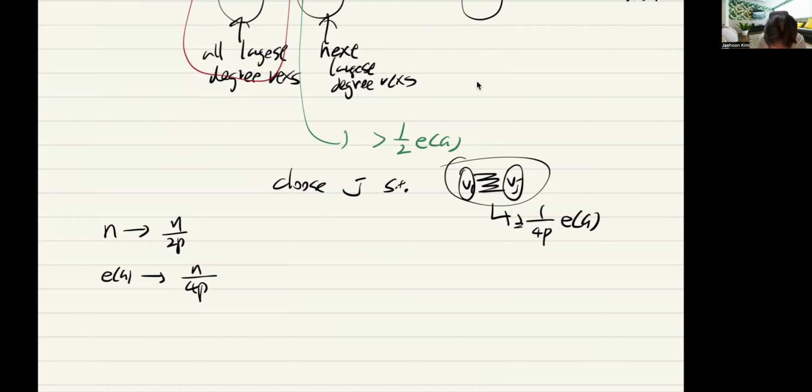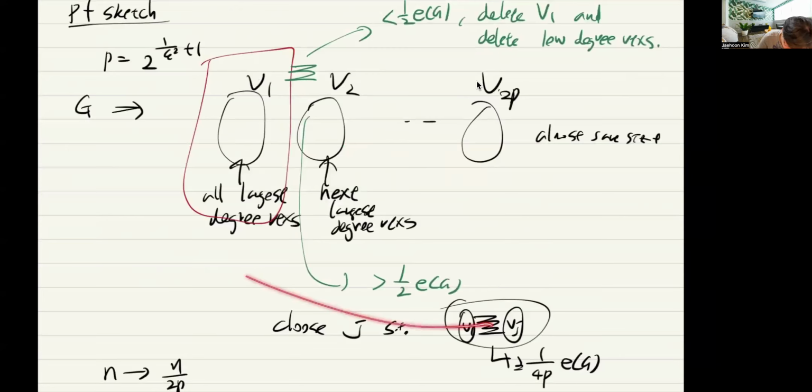Okay, and then with this new graph, you start from the beginning. Again, in this graph, you divide it into 2p sets, and then you check whether this case applies or that case applies, and you keep doing that.